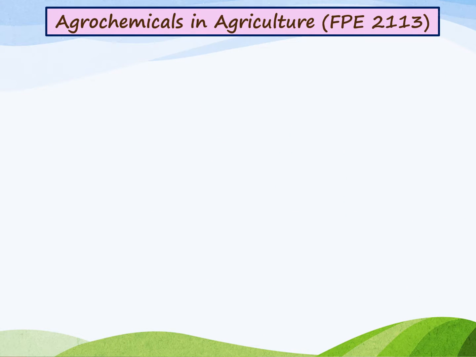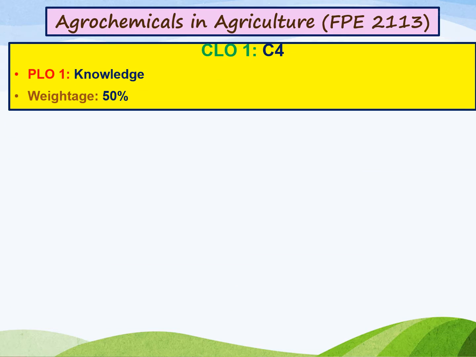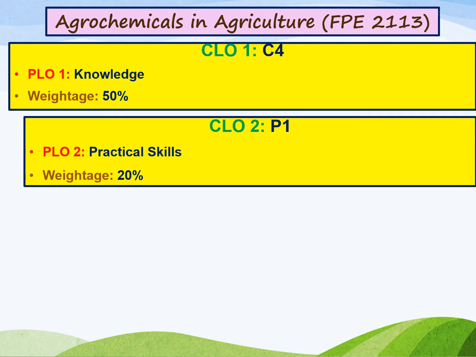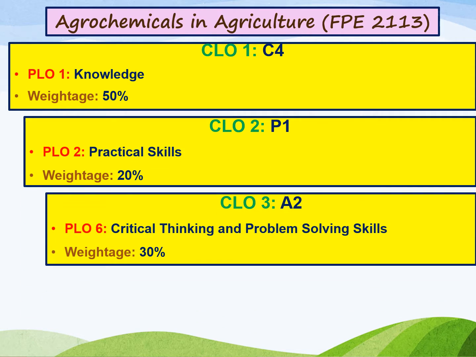Let's look at another subject, agrochemicals in agriculture. In this subject, it has only 3 CLOs, and the CLOs are mapped with PLO number 1, PLO number 2, and PLO number 6.